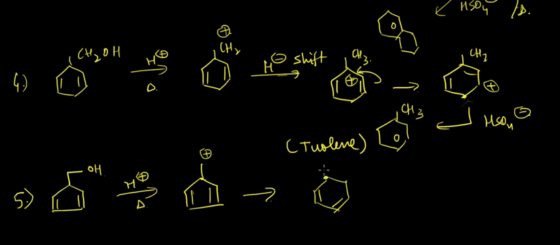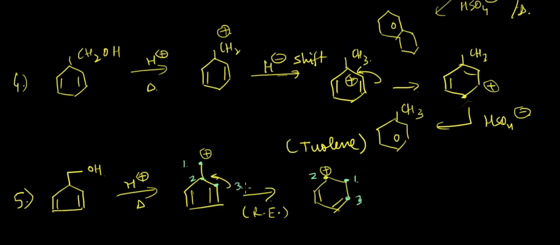Okay, you'll get a positive charge here and a ring expansion happens here. And let's suppose this was the first carbon atom. Let's name it 1. So this would be 1, this would be 2, and this is not the naming convention, I'm just numbering the carbon atoms. And this was the third carbon atom.